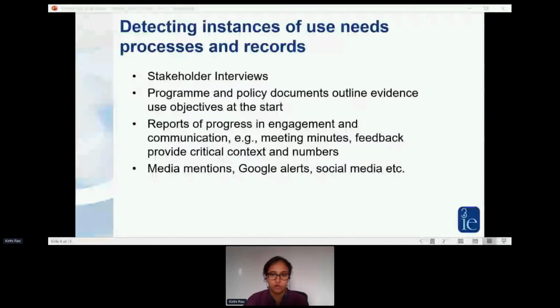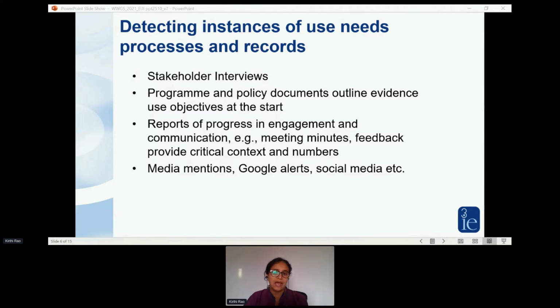However, usually the way we identify potential instances of evidence use is from researchers' initial assessment about how the evidence that they're producing might be used and by whom, as well as from their records of engagement. These records of engagement sometimes include feedback and quotes from users. Records of engagement could include things like progress reports on communication and engagement plans. These could include meeting minutes, presentations, online reports. Things that you will keep aside from a project management perspective are also useful from an evidence use measurement perspective.